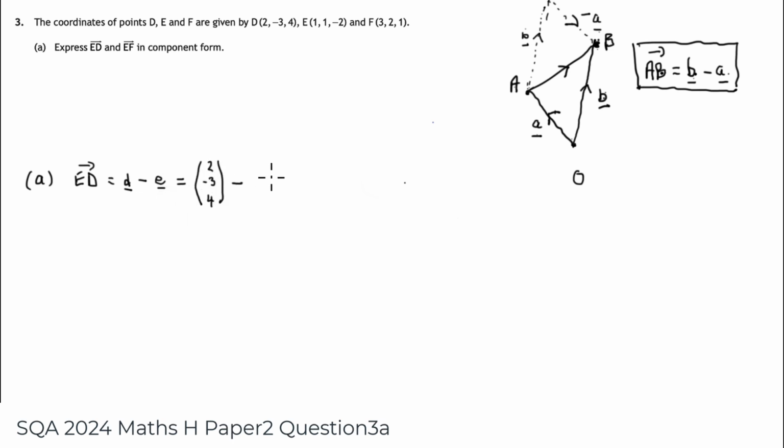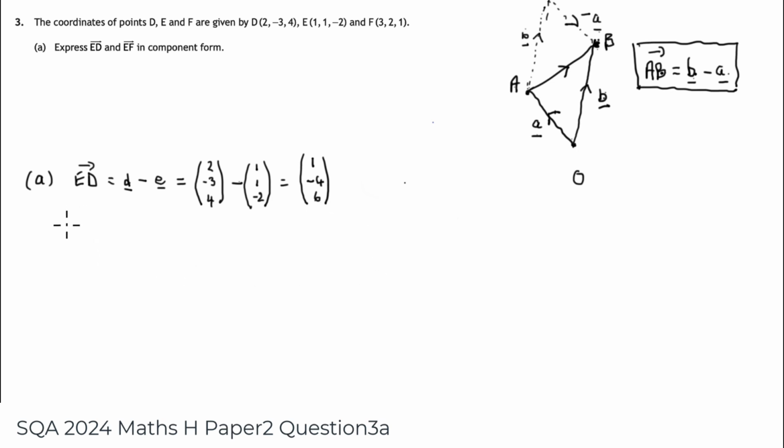And the components of the position vector of E will be exactly the same as the coordinates of the point E. So that's 1, 1, negative 2. And then we deal with each of the components separately. X component, 2 minus 1 is 1. Y component, negative 3 minus 1 is negative 4. Z component, 4 minus negative 2 is 4 plus 2, that's 6. So there's the components of ED.